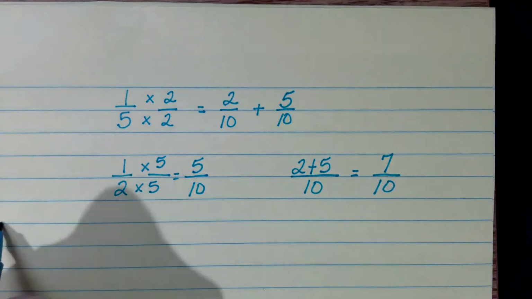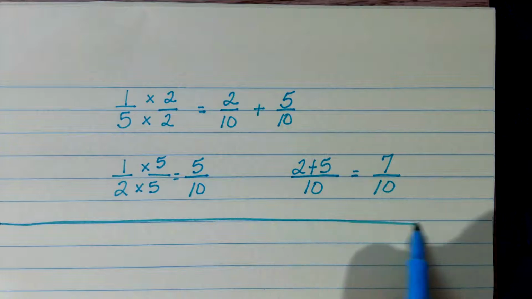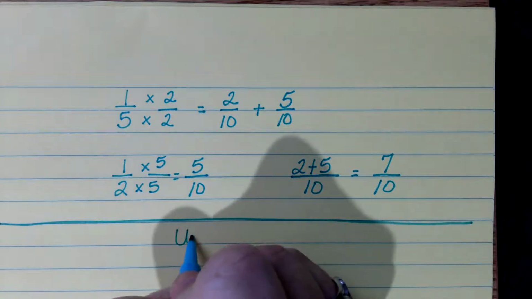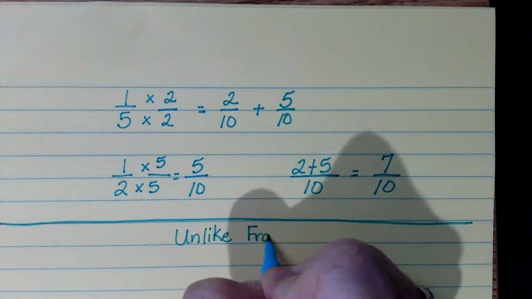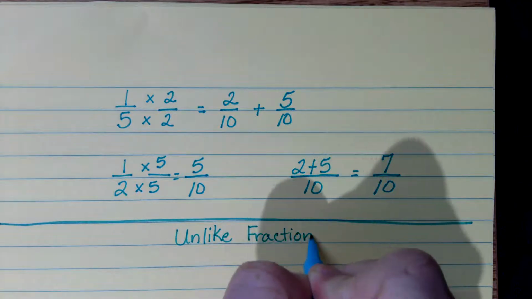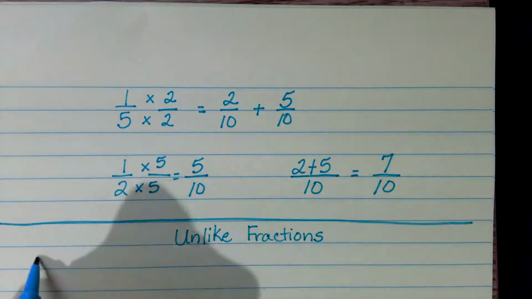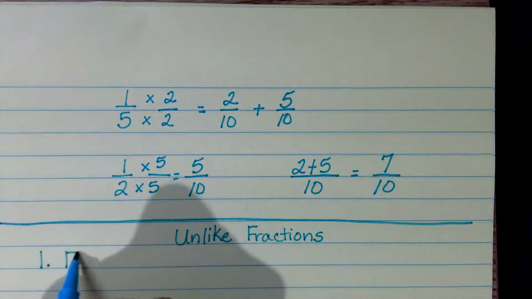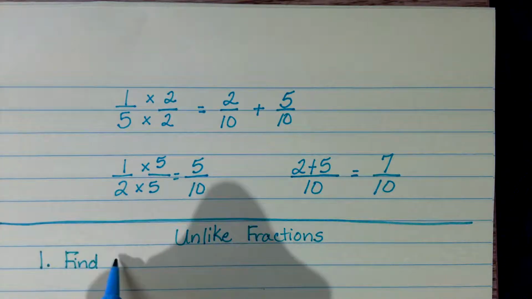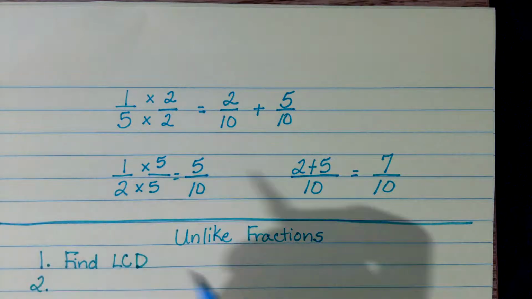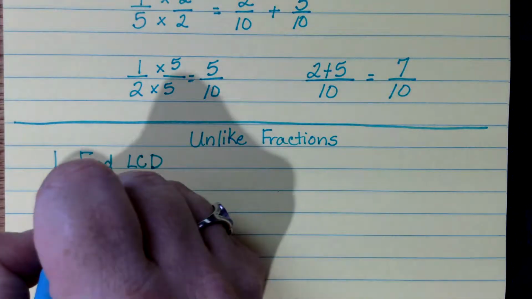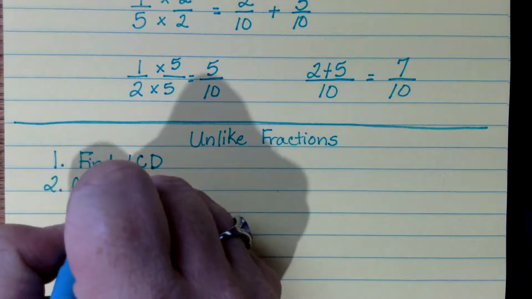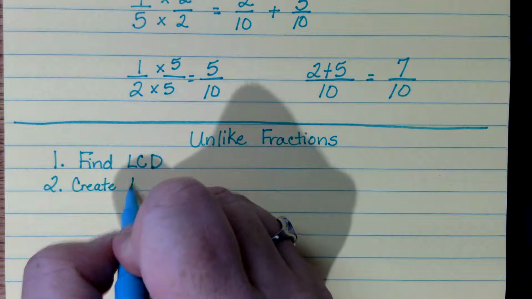Again, when I am adding and subtracting unlike fractions, step 1 is to find the least common denominator. Step 2 is to create equivalent fractions with that denominator.